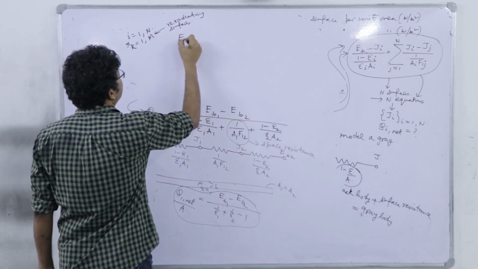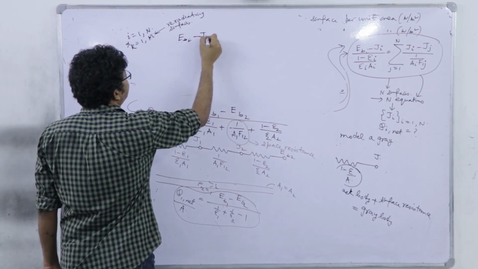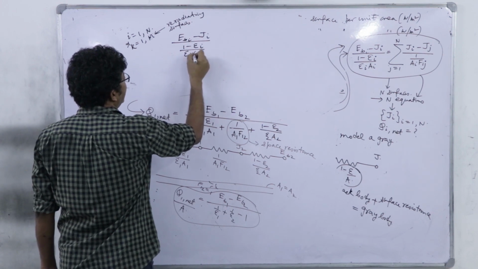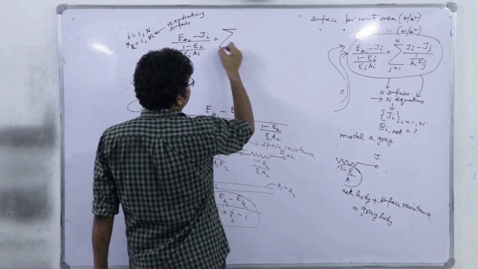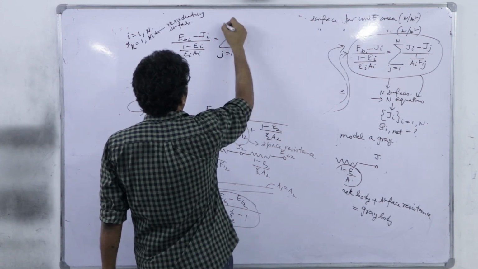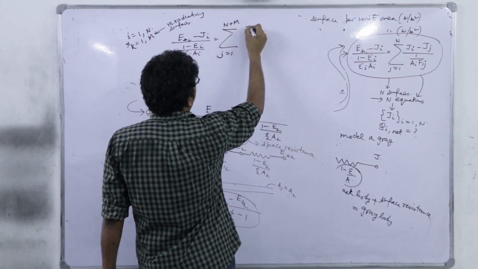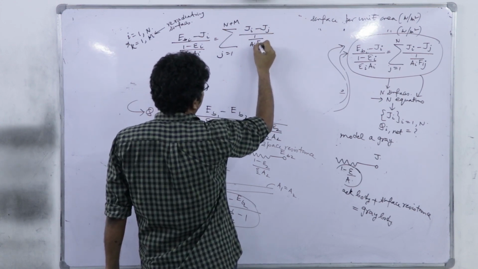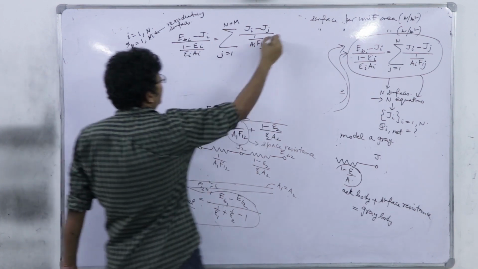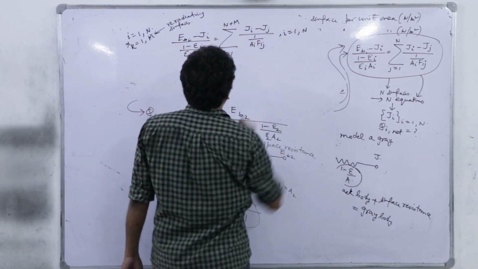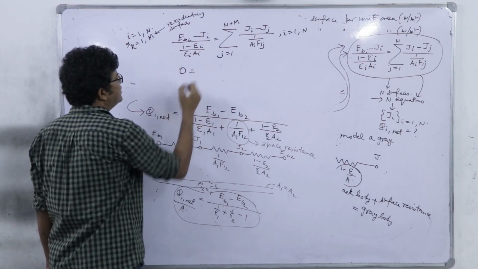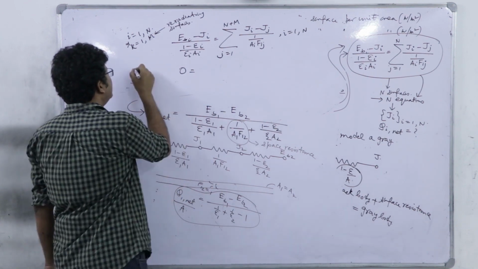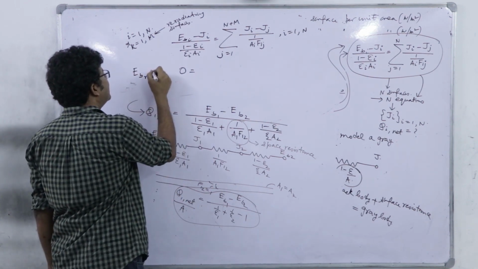For an active surface we can write (EBi minus Ji) divided by (1 minus epsilon i) by (epsilon i Ai) equal to the sum, where j changes from 1 to n plus m, of (Ji minus Jj) divided by 1 divided by (Ai into Fij), where i varies from 1 to n.